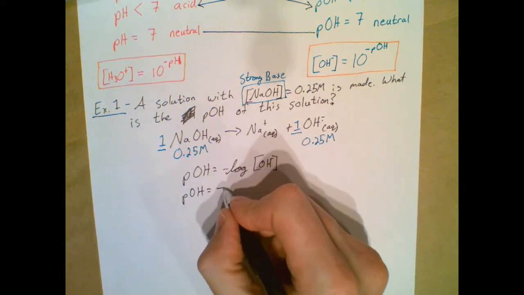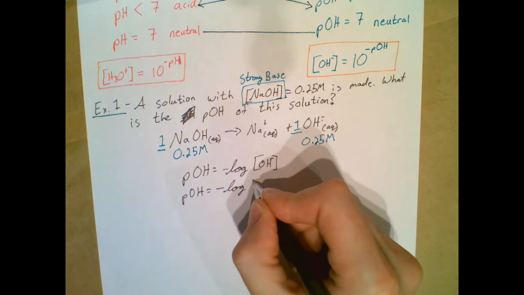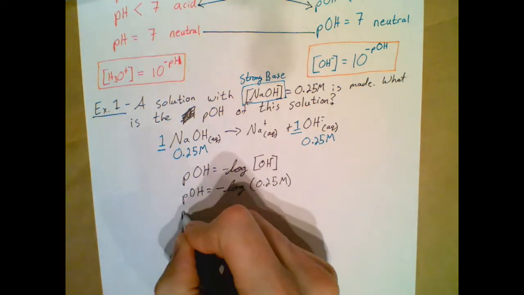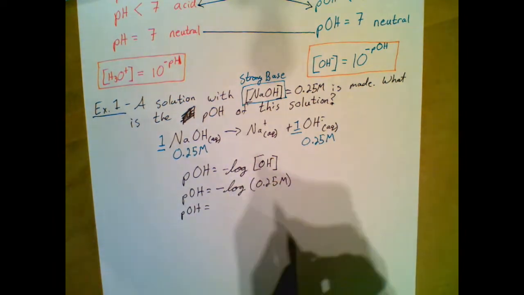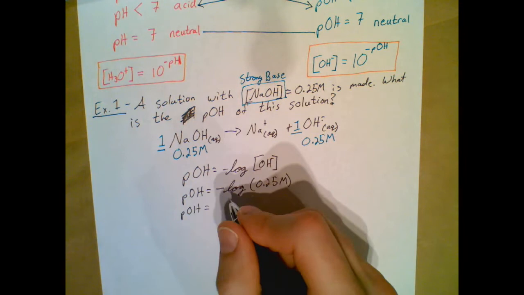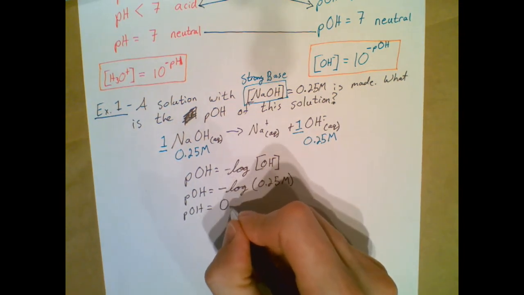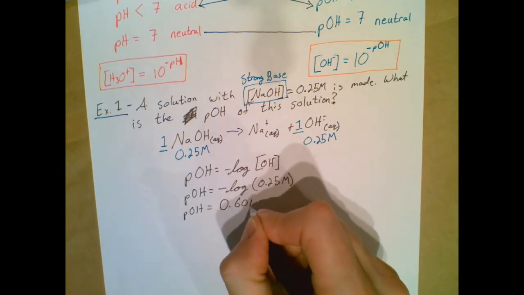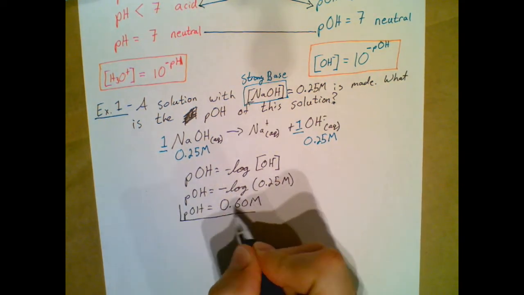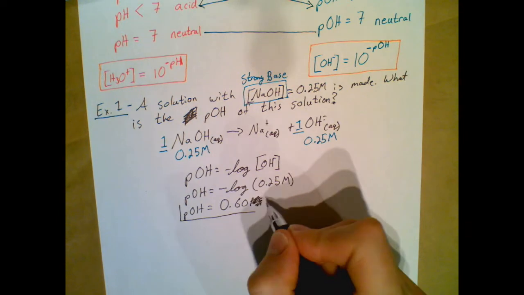And so let's plug this in. The negative logarithm of 0.25 molarity. Remember, punch this in your calculator, do it along with me, make sure you actually know what you're doing. Don't just trust that I'm doing everything right. You probably noticed by watching these videos, I am a pro at making mistakes. Oh, made another one. No units.